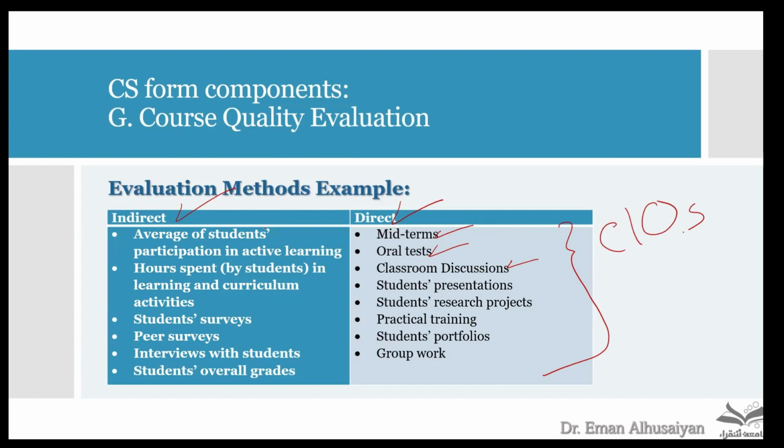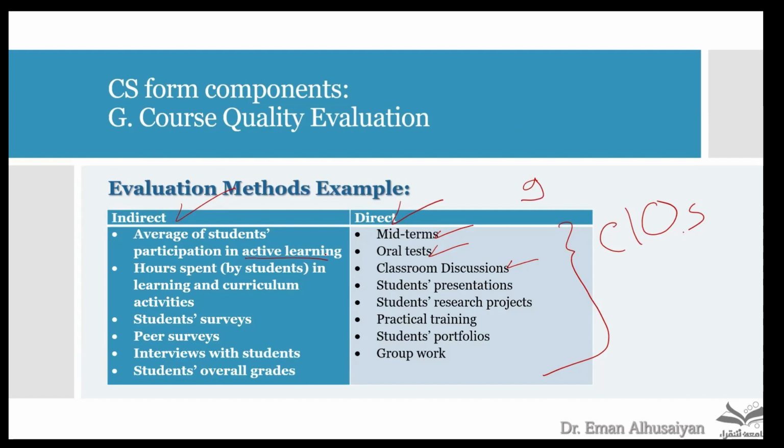Now, we don't have a grade. You don't have a grade, for example, 5 marks for students' participation in active learning. But you can calculate it every class, and with the calculation, you can come up with a conclusion concerning students' participation in active learning.